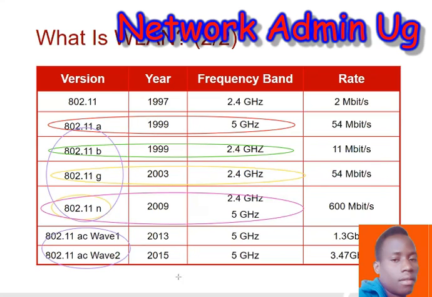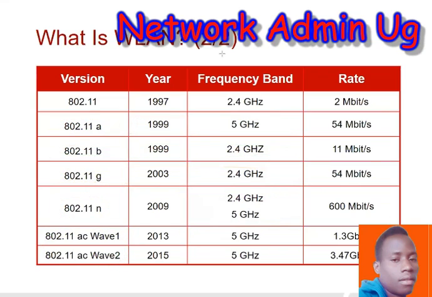So these speeds are much higher than any other, and they are being used in technologies of the wireless wide area networks. So that is the table that gives you the various standards, but also shows the various speeds used for each standard and which year it was developed. So that is for the wireless local area networks.